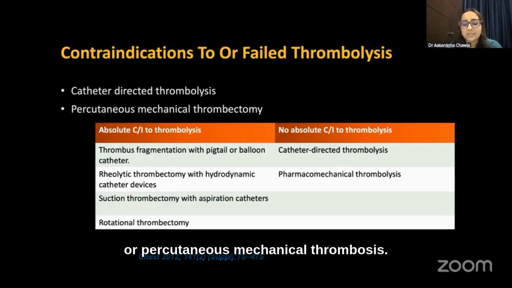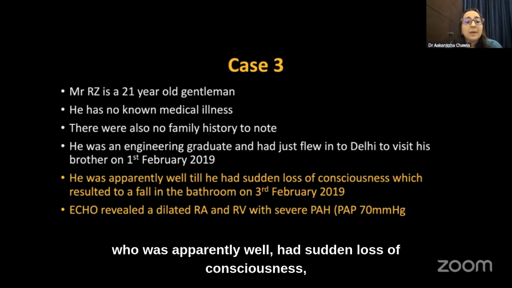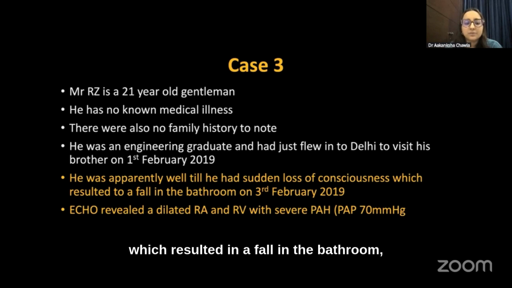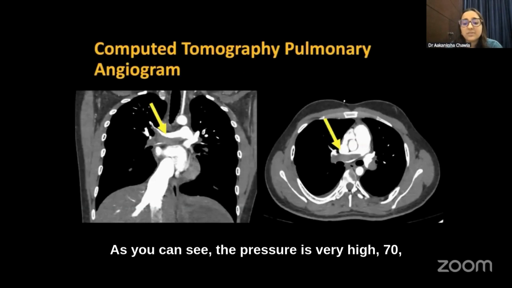This is another case of a 21-year-old gentleman who was apparently well, had sudden loss of consciousness, which resulted in a fall in the bathroom, and his echo had a dilated RA and RV with severe pulmonary artery hypertension; as you can see, the pressure is very high, 70.